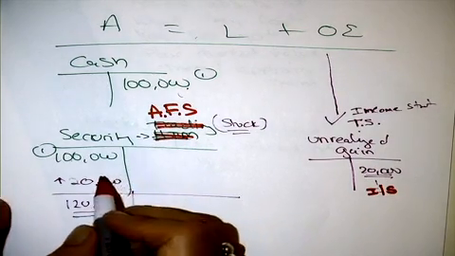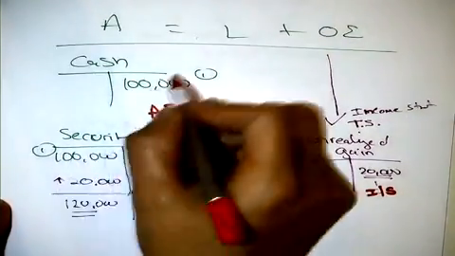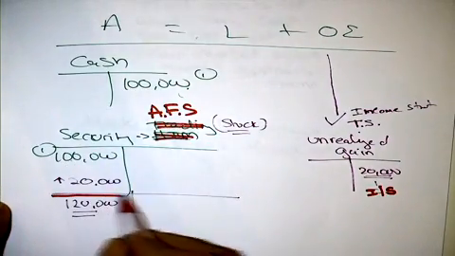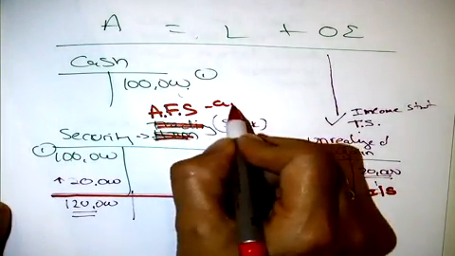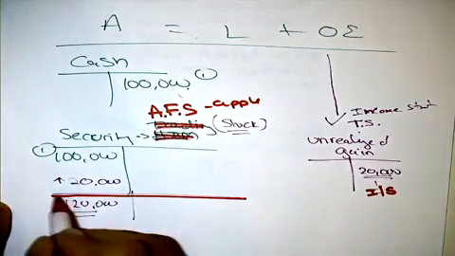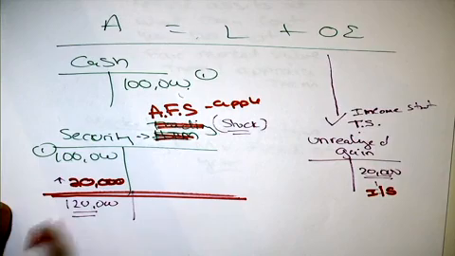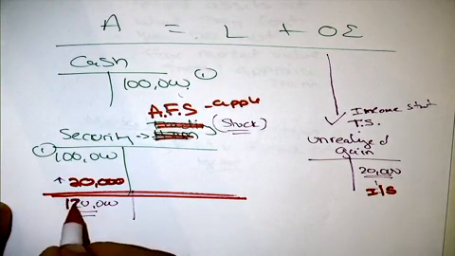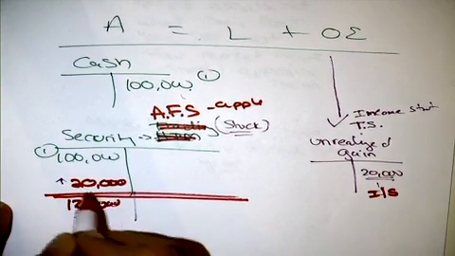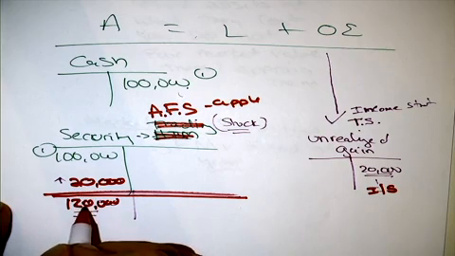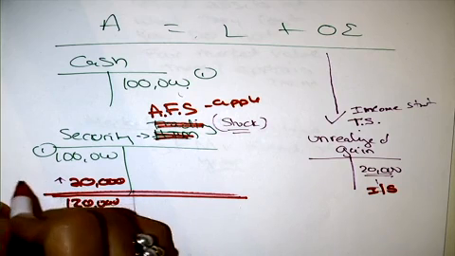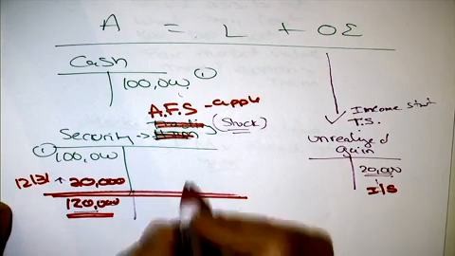Same exact information. 100,000 is what you started with. If it's still Apple stock that you're holding, and it's still $20,000 increased at the end of the year, we'd still have the same exact entries here. It increases 20,000. So the value of that Apple stock at 12/31 is 20,000.